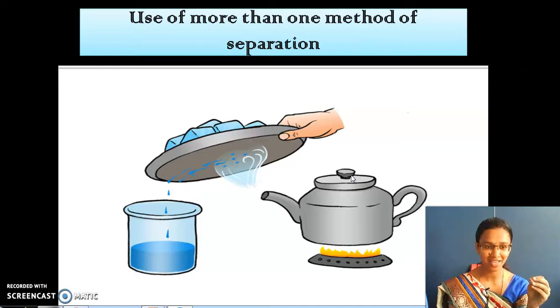Yes or no? Yes. And then for separating the salt, water and sand, we can use filtration, evaporation and then condensation. Are you clear with this? I hope you are clear. If not, you can clarify your doubts with me later. Shall we go to the next topic? Yes.